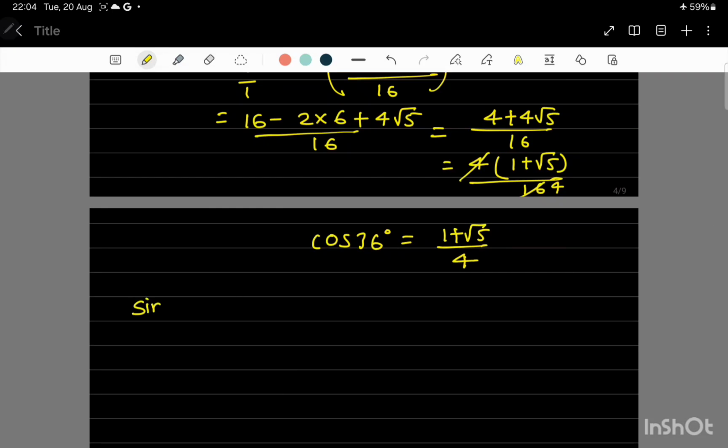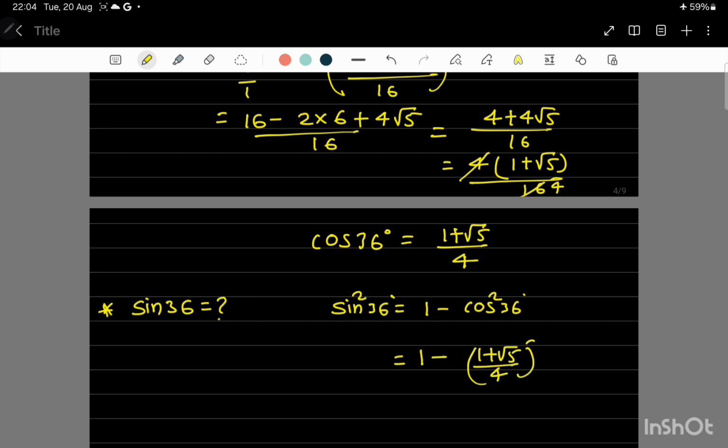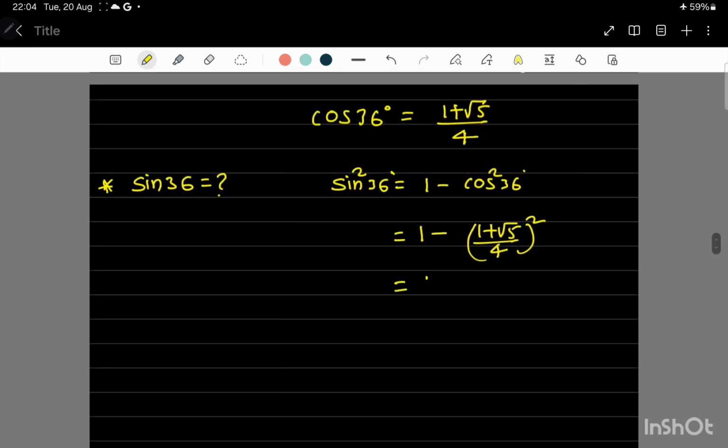So sine 36 degrees equal to what? We know that sine square 36 degrees is equal to 1 minus cos square 36 degrees. So 1 minus ((1 plus root 5) by 4) whole square. So we can write 1 minus (1 square plus root 5 square, that is 5, plus 2 root 5) divided by 16, and the numerator 1 we can write as 16.